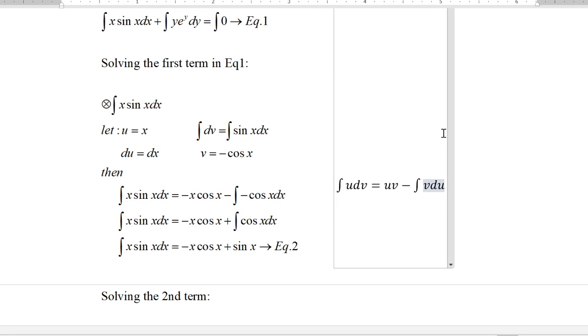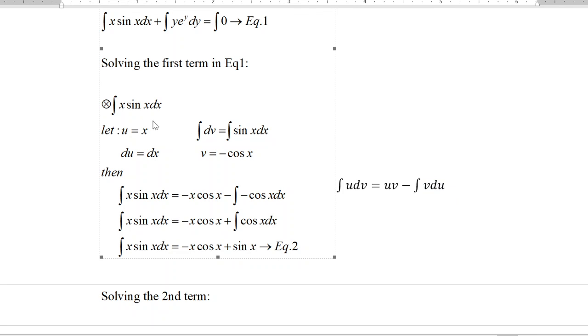So, in the problem, we assume u is x and dv is sin x dx. So, the derivative of u is du, the derivative of x is dx. And then the integral of dv is v, the integral of sin x dx, which is negative cosine x.